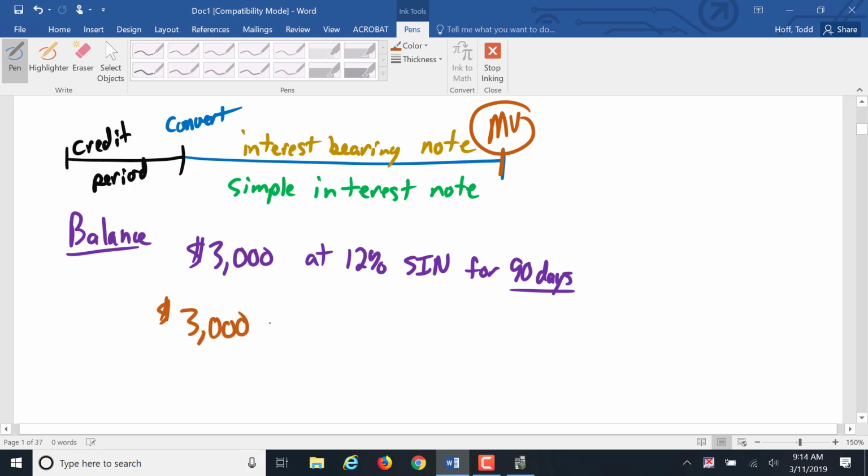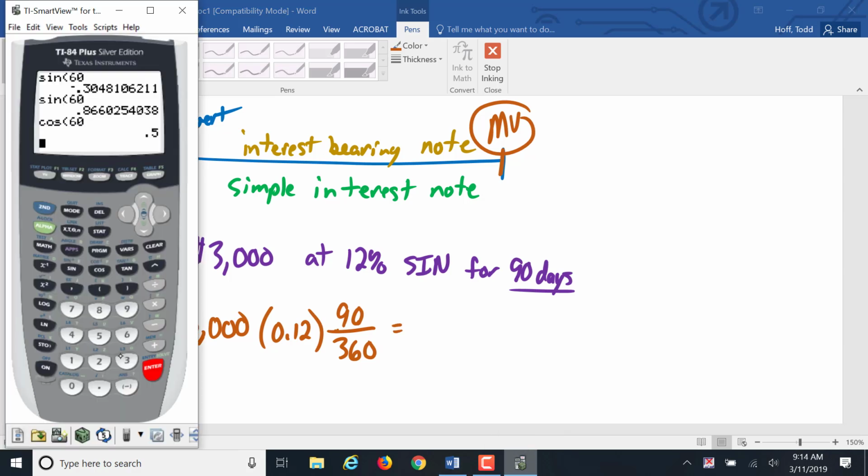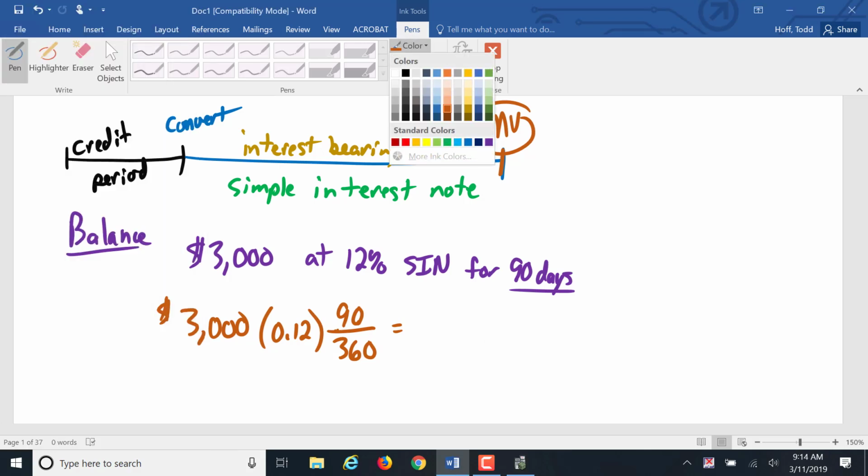will be $3,000 times the rate of 0.12, 90 over, now remember there's exact or ordinary interest. If it's not specified, we assume ordinary, which uses 360. So 3,000 times 0.12 times 90 divided by 360. So we have interest of $90.